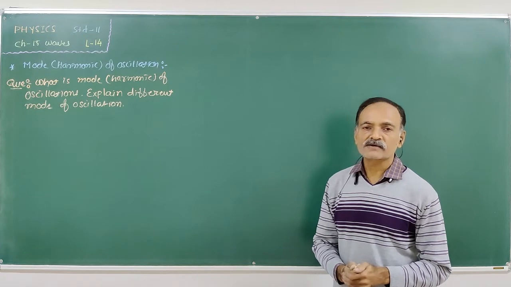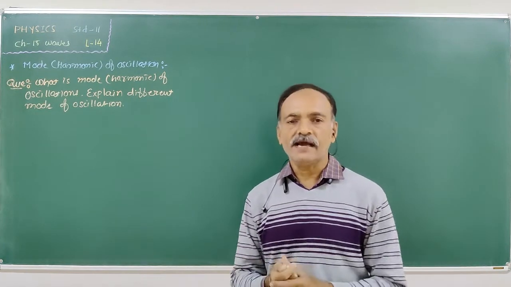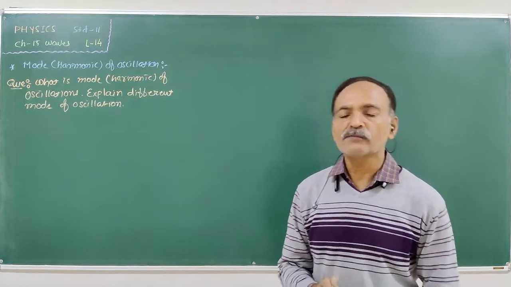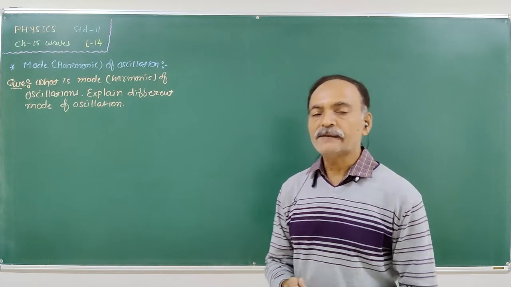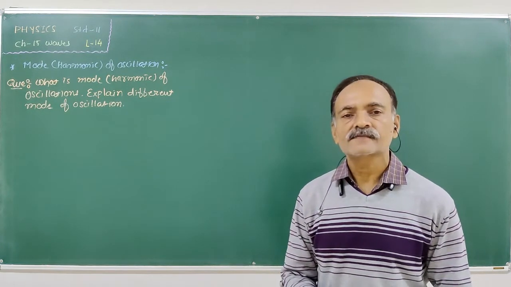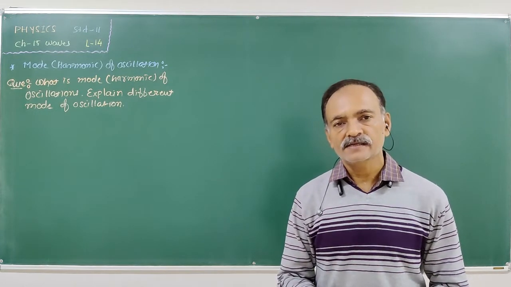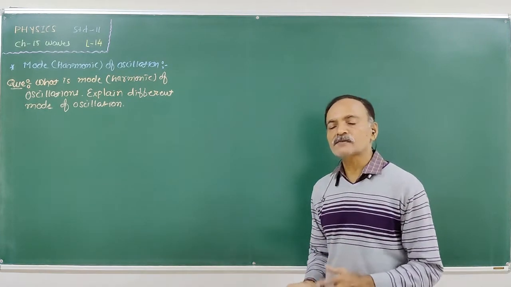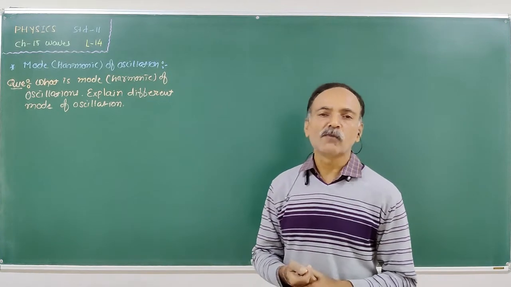That is the most important question, frequently asked, and the equations we derive in this case are most important for objective questions and also numericals. Here, for the different modes of oscillation, we are going to derive the equations of frequency and wavelength for the nth harmonic or the nth mode of oscillation.